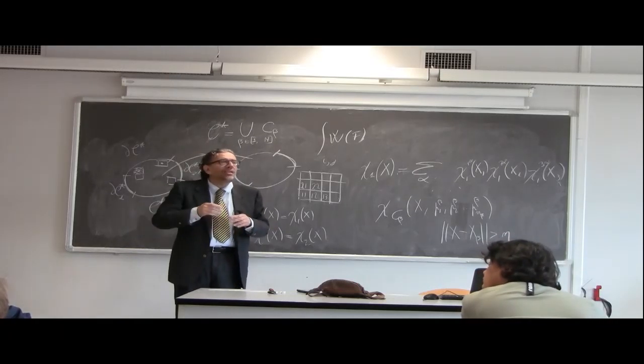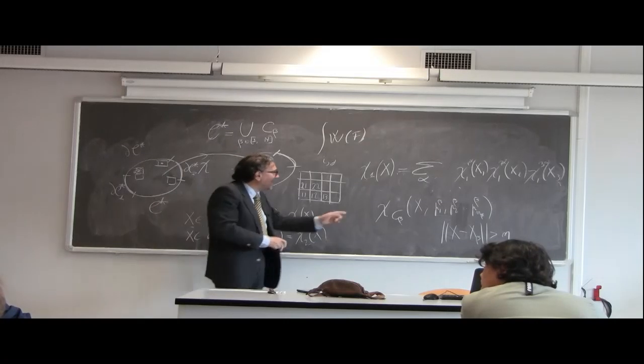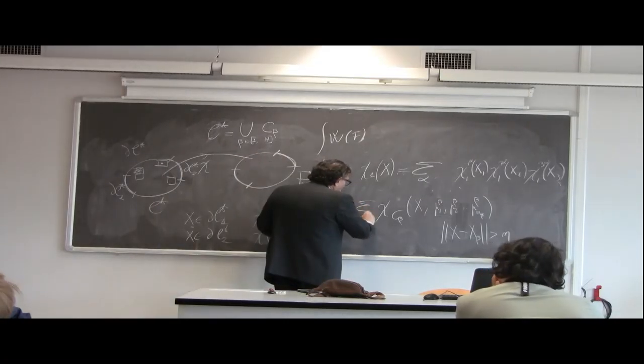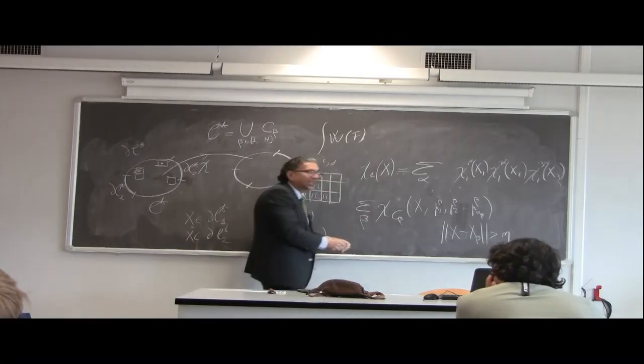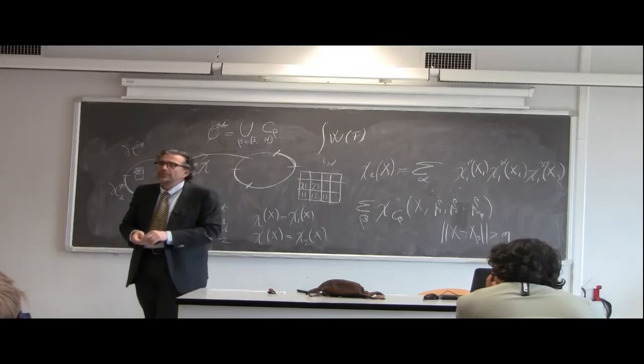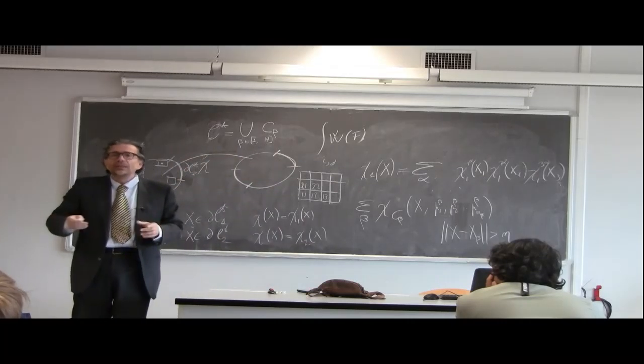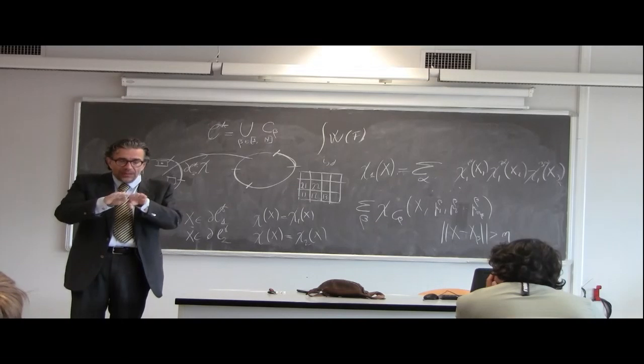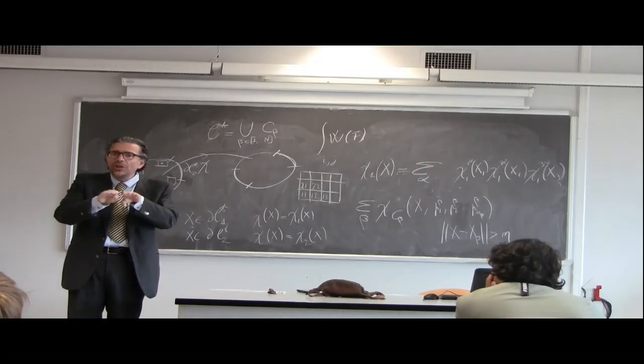In this way, the regularity of the sum over beta of these will be the regularity of the matching conditions you have imposed at the boundaries of C beta.